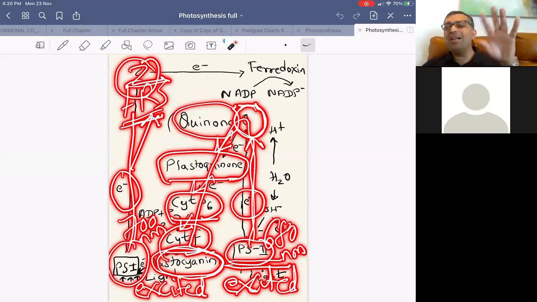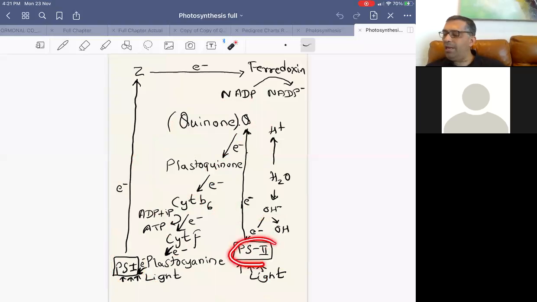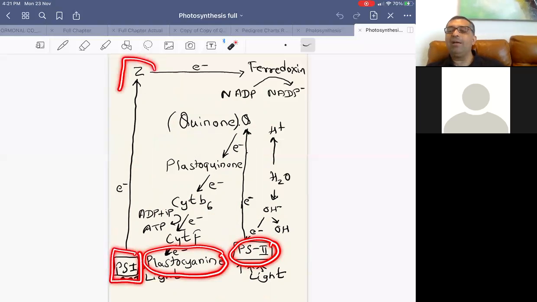तो ये तो कंटिन्यूस प्रोसेस है, बहुत फास्ट हो रहा है, लेकिन हम इसको पॉज कर लेते हैं। तो PS2 का इलेक्ट्रॉन किसके पास है? प्लास्टोसियानिन के पास। PS2 का इलेक्ट्रॉन प्लास्टोसियानिन के पास है और PS1 का इलेक्ट्रॉन Z के पास है। So PS2 electron is with plastocyanine and PS1 electron is with Z. Now pause को वापस प्ले करते हैं। Now from plastocyanine electron can go to PS2 because PS2 is excited and ionized.